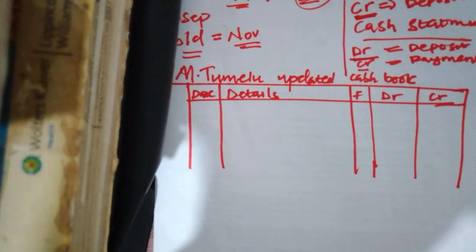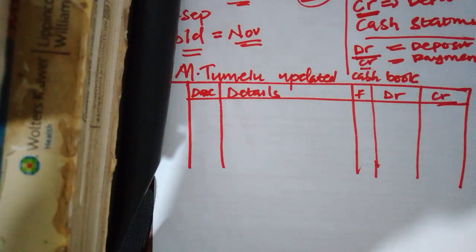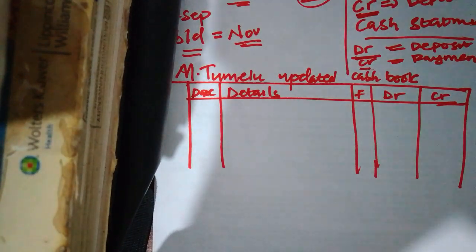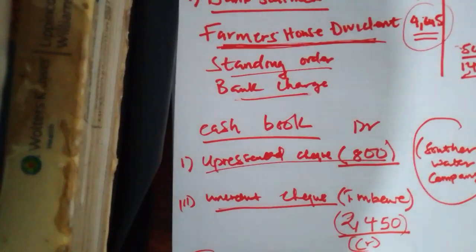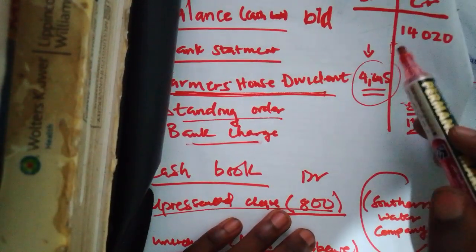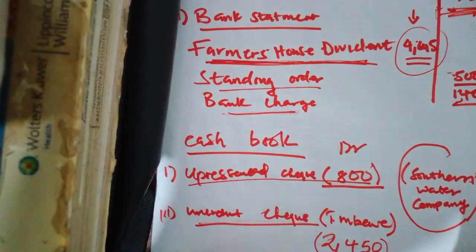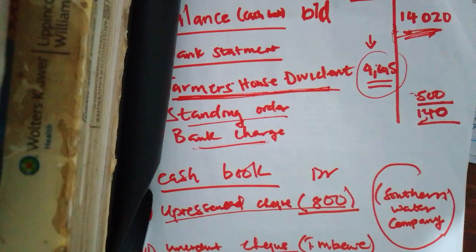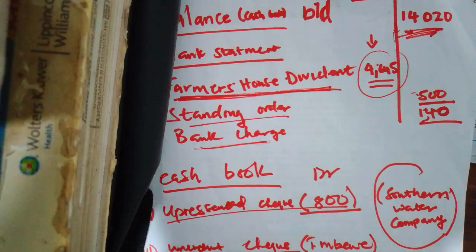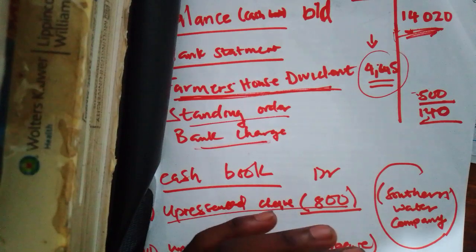So first thing we wrote there, where we wrote our balances. Here we had our balance carried down, which was how much? 14,000. From the question, you can go back and check. So the balance breakdown for September.